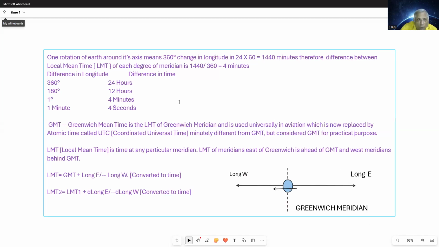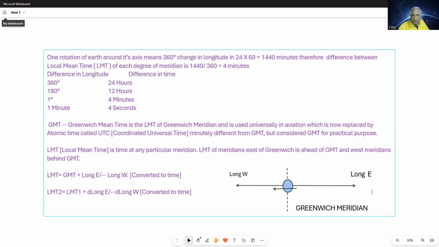Now, one rotation of the Earth around its own axis is 360 degrees change in longitude. When your meridian is under the sun and again comes under the sun, it's a period of 24 hours into 60, 1,440 minutes of time.